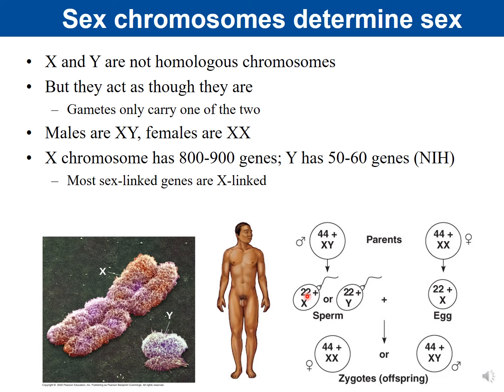If an X sperm fertilizes the egg, the offspring is going to be female, because the mom gave an X and the dad gave an X. If the Y-containing sperm fertilizes the egg first, then the offspring is going to be male, because again, mom gives X, dad gives Y. So when you think about gender, males are the ones that determine the gender of the offspring.